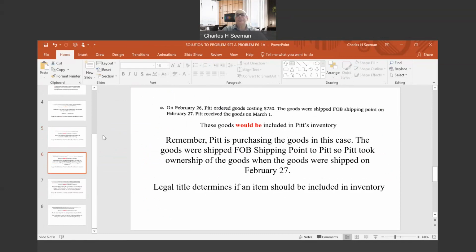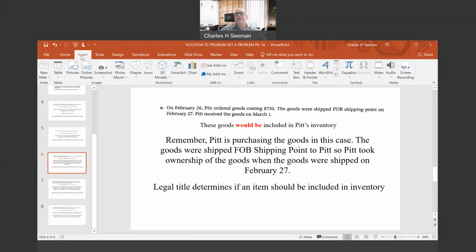On February 26th, Pitt ordered goods costing $750. The goods were shipped FOB shipping point on February 27th. Pitt received the goods on March 1st. So in this case, again, Pitt is purchasing the goods, and they took ownership on February 27th.